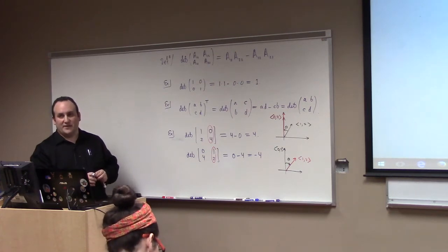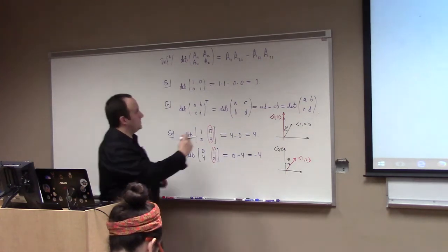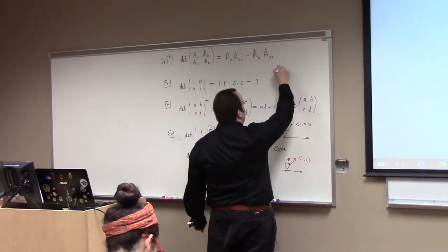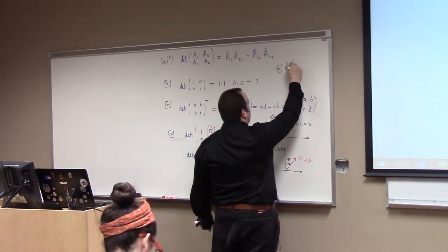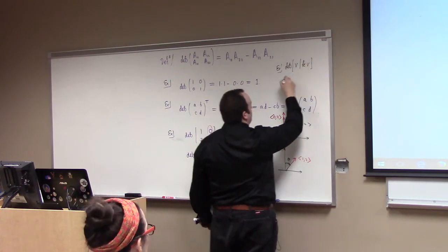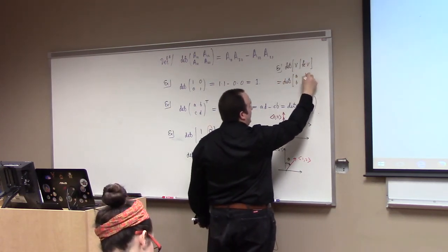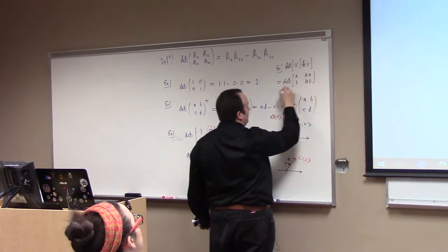There's another case, though, right? What if the vectors are the same? What if they're scalar multiples of one another? What if we had the determinant of, say, vector v and then a scalar multiple of v? What would that be? That's the determinant of A, B and then kA, kB. How's that work out?